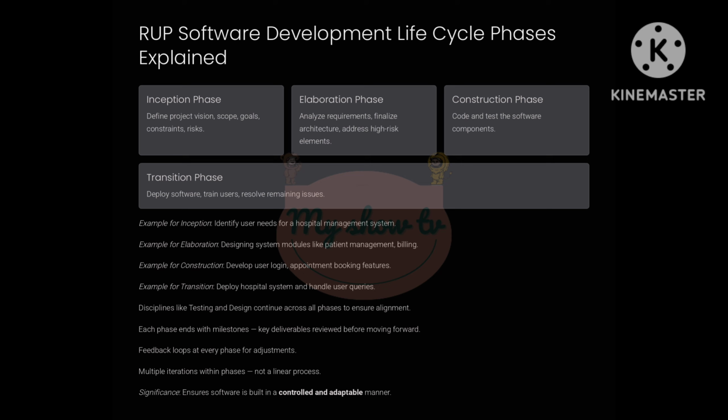Disciplines like design and testing are continuous, ensuring every feature is correctly implemented. 6. Feedback loops allow corrections at every step, making the development process flexible. 7. Each phase has concrete deliverables, ensuring measurable progress. 8. Significance: prevents last-minute surprises and errors.